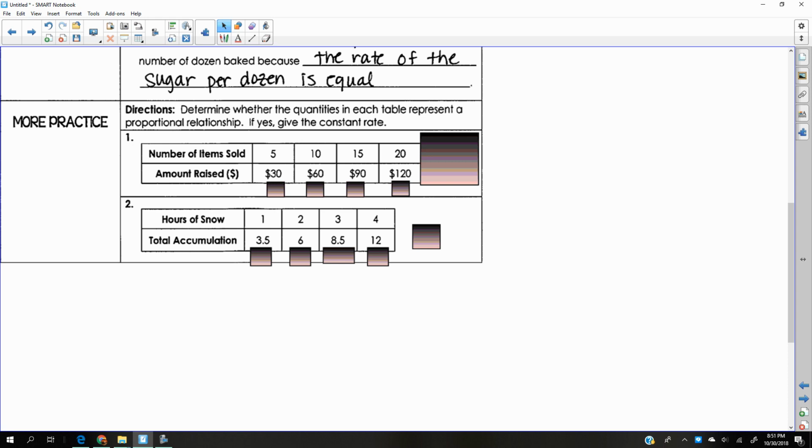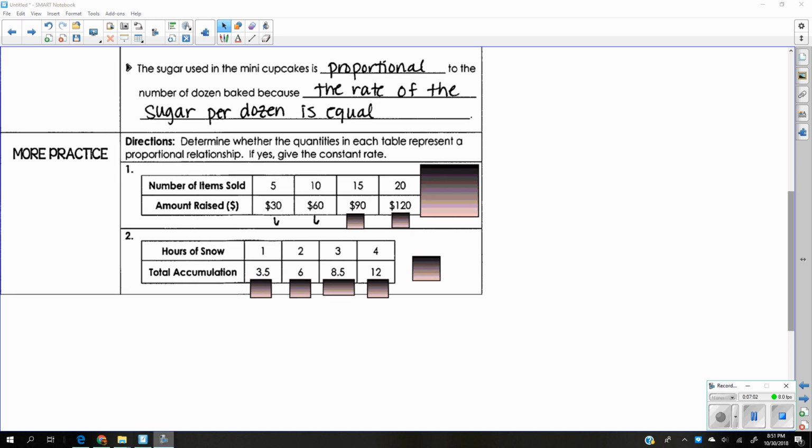So 5 items sold raised $30. 5 times 6 is 30. 10 items sold raised $60, which is 10 times 6 is 60. 15 items. Where's my calculator? Let me pause this first.